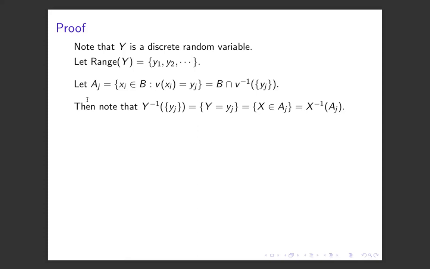Remember that Aj is a subset of the real line; it will be a subset of B.